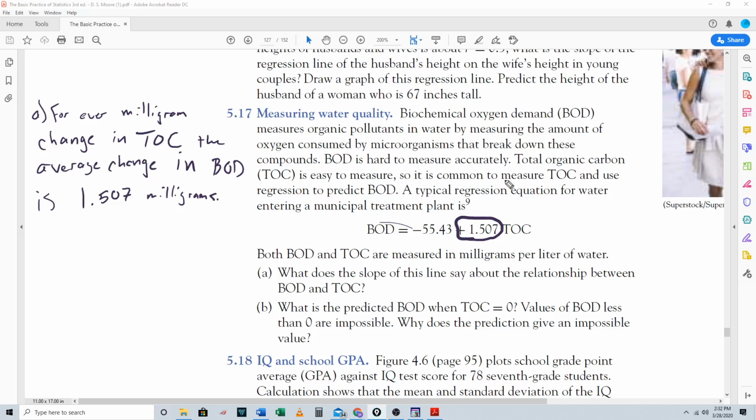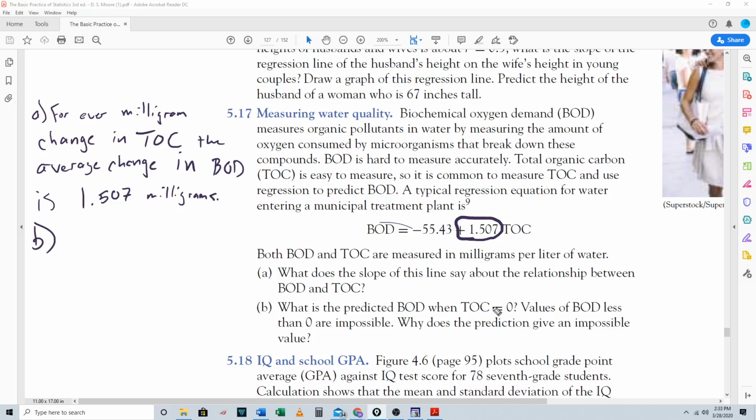So, all right, let's see, part B: what is the predicted BOD when TOC is 0? Values of BOD less than 0 are impossible. Why does the prediction give an impossible value? Okay, this is a really good question. So part B. First, they want us to predict when TOC is 0.